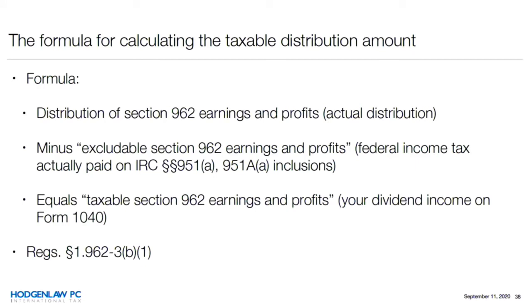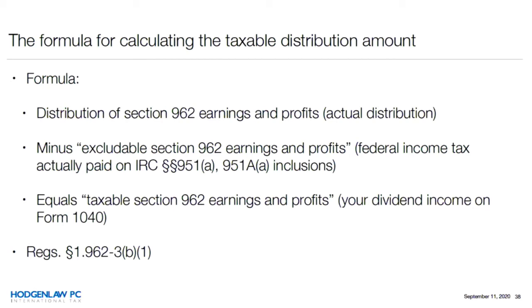So we need to calculate how much of the distribution, which is going to be 480,000, right? Because they paid 120,000 in foreign corporate tax and they have 480,000 of cash left over. How much of that 480 is going to be taxable? The formula says, look at how much the distribution is, 480,000.